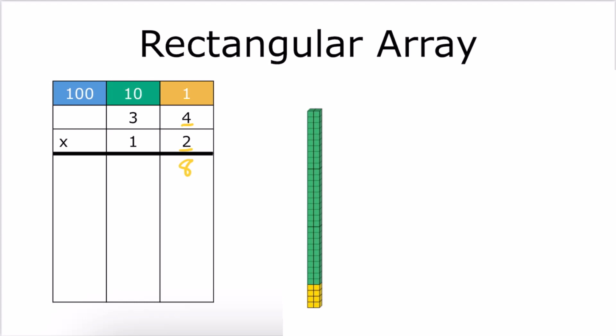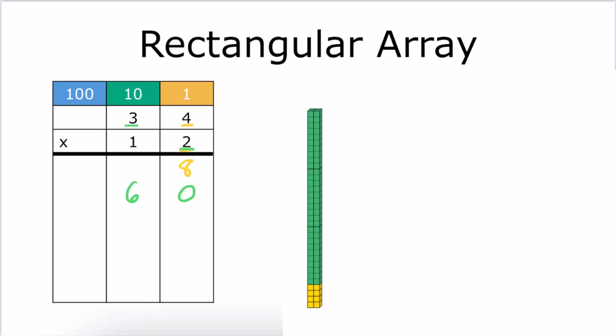Then we can say the number of tens that we have is 6, so we have 60. And that's because if we had 3 tens and we made 2 copies of it, then we would have 60. Then we're going to say, okay, so that's the amount that we have with 2 copies. And if we added them together, that would be 68.